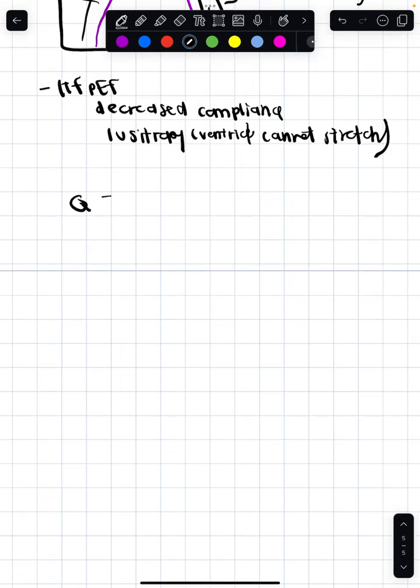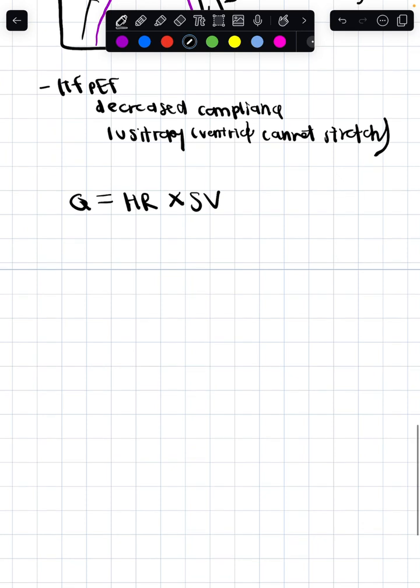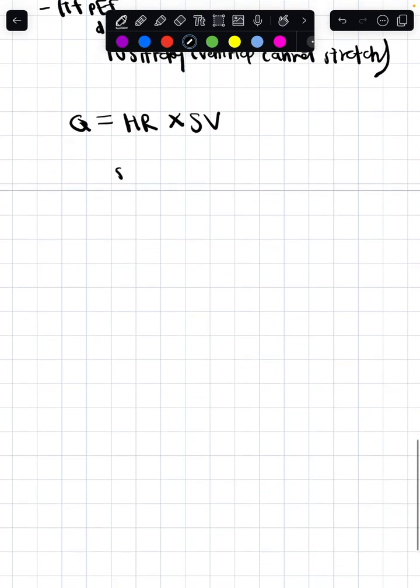But we see decreased exercise tolerance for more reasons than just that. We activate our sympathetic system because we get decreased cardiac output. This is heart failure. That's the issue. Arterial pressure drops, so we try and compensate.